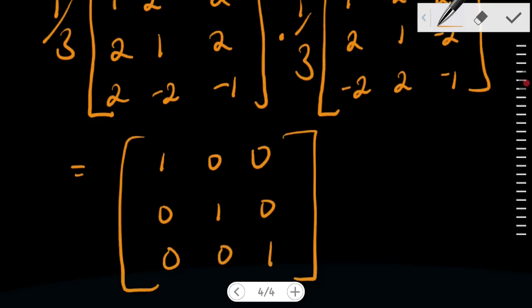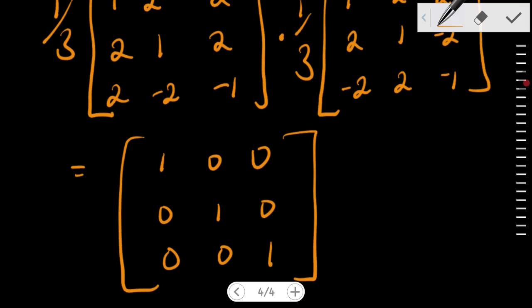Therefore matrix A is orthogonal. That's how you confirm whether a matrix is orthogonal. And if you don't get an identity matrix, that means the matrix is not orthogonal.